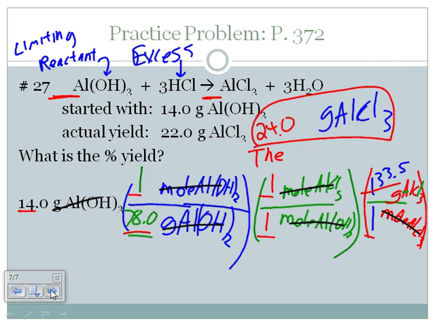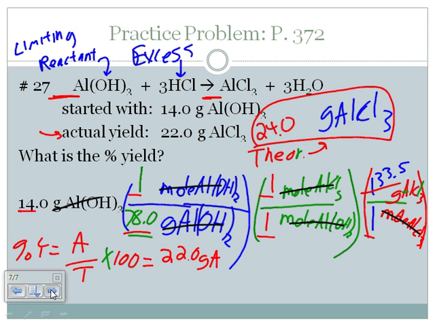Theoretical. It's solved using stoichiometry. Our actual yield is always going to be given to us in a problem like this. So what we're looking for is our percent yield is equal to actual over theoretical times 100. Our actual yield, 22.0 grams AlCl3.